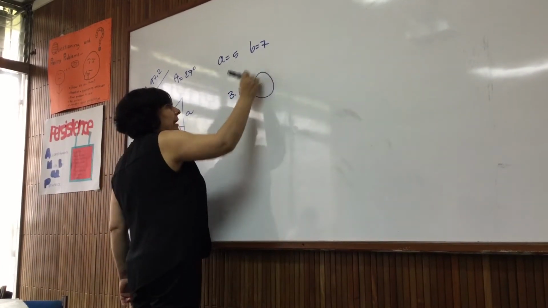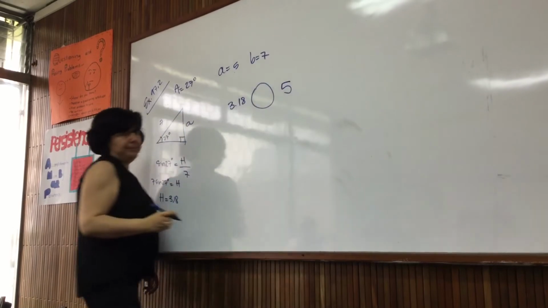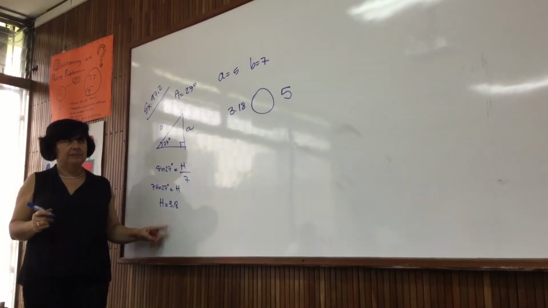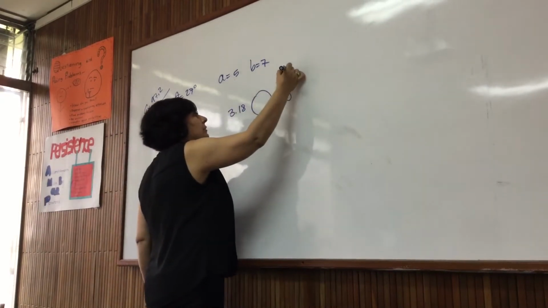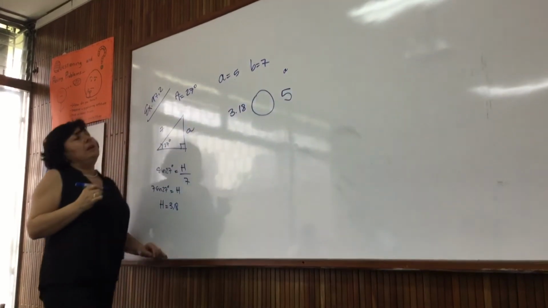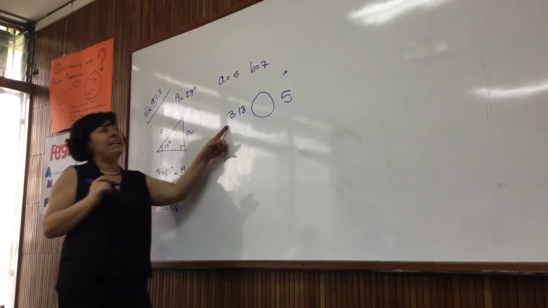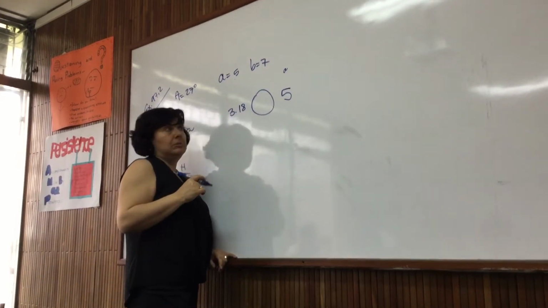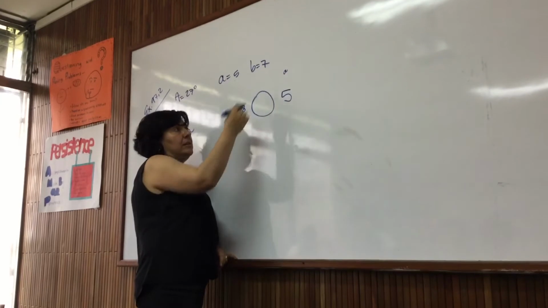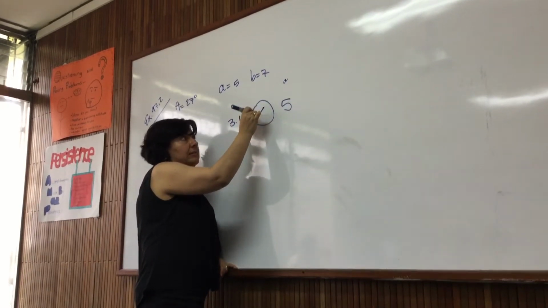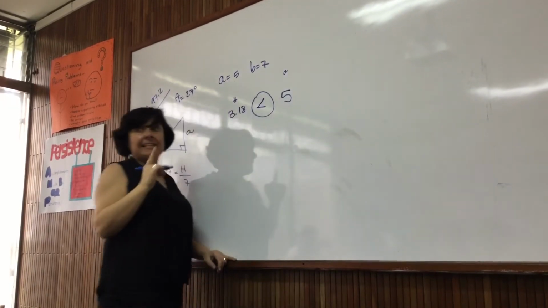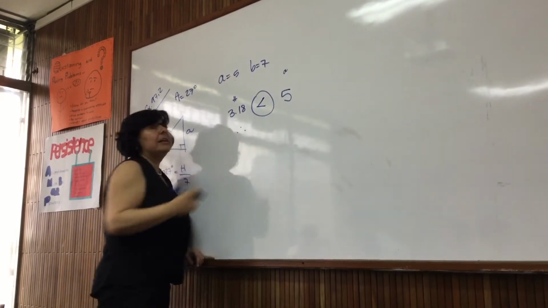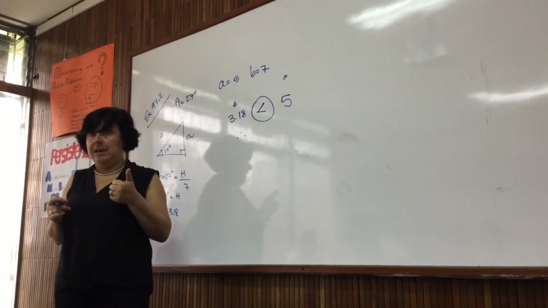3.18 compared to the 5. This is what I got. This is my A, remember? 3.18. Is it less than, greater than, or equal to? It's less than 5. This is the H. It's less than 5. So, therefore, it is a triangle, right?